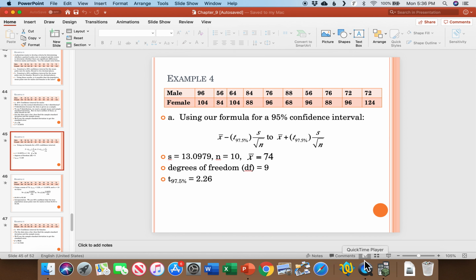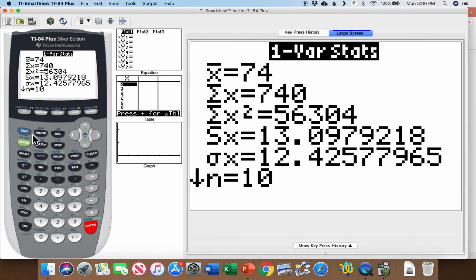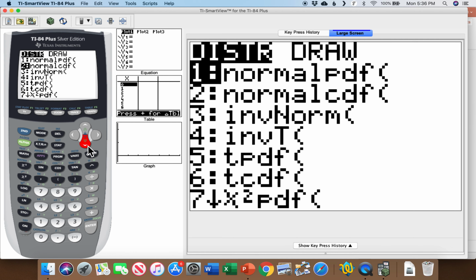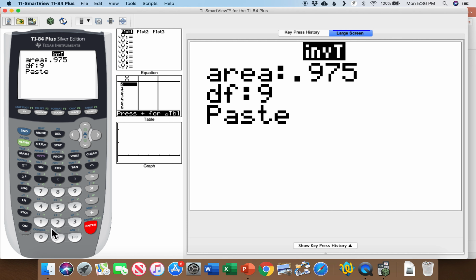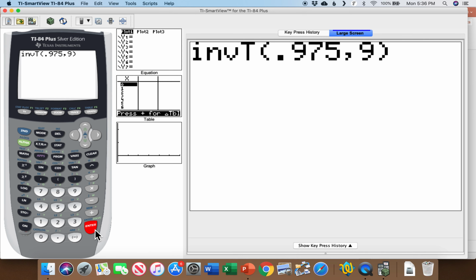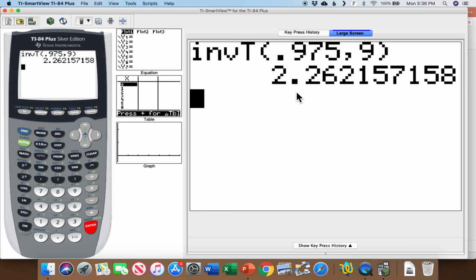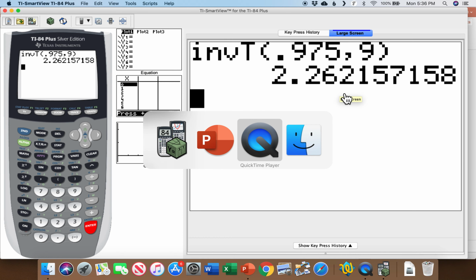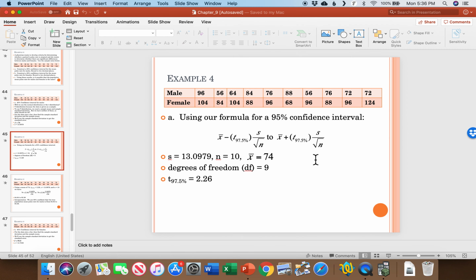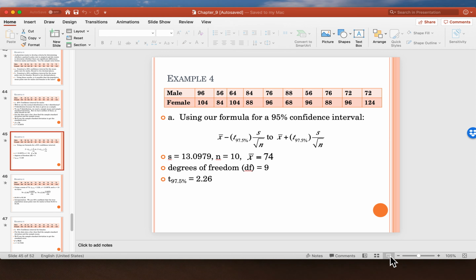So come to your calculator, second DISTR, invT, 0.975, DF of 9, we did this earlier, this exact sample size. So it is 2.26. And so we can plug that 2.26 into our formula.